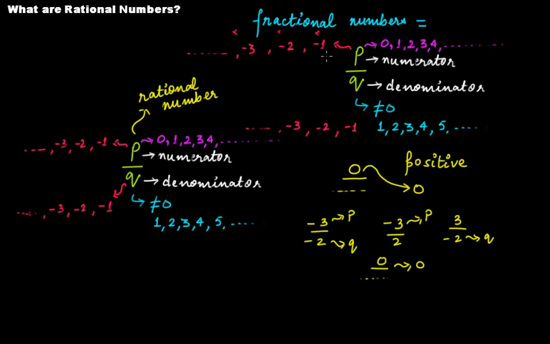Okay. Now, are all fractional numbers rational numbers? Let's see. Let's take 3 over 7 or 5 over 8. What does a fractional number say?